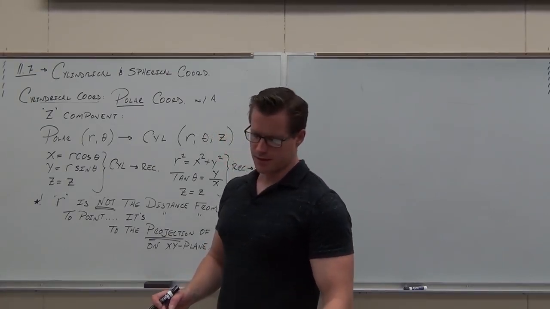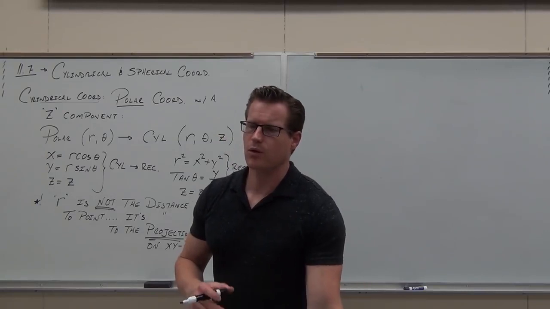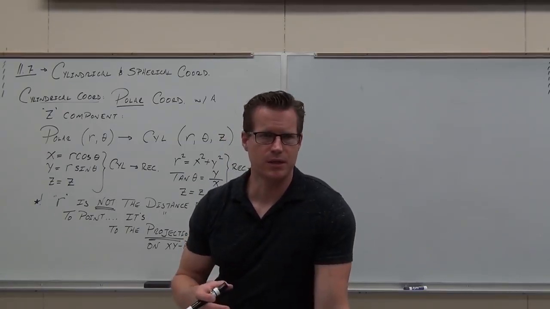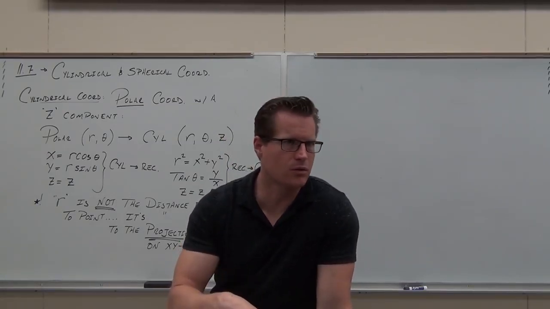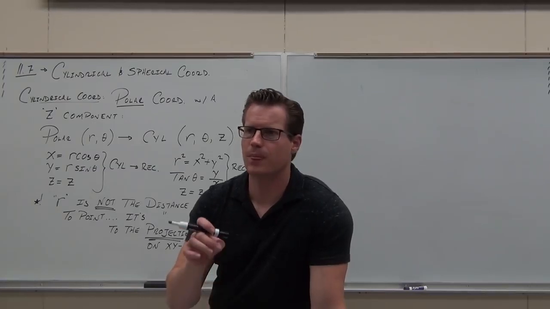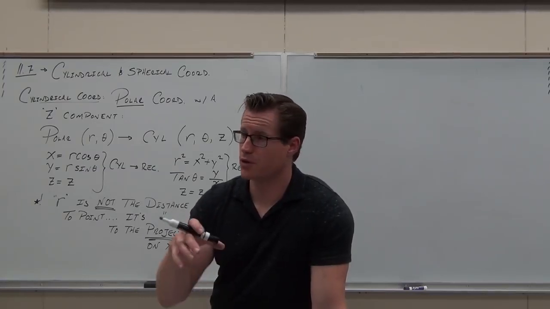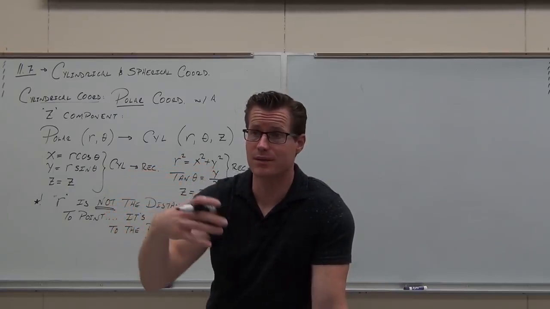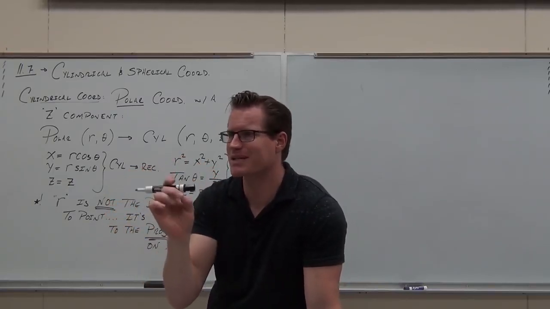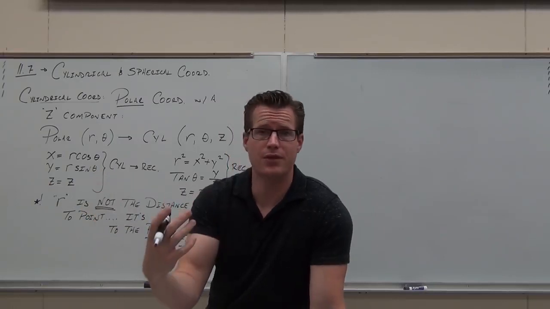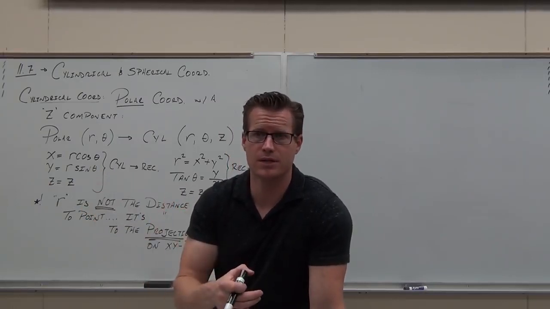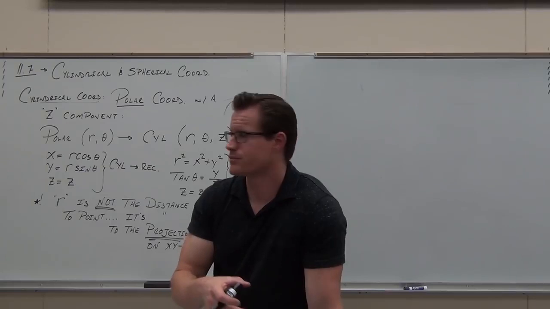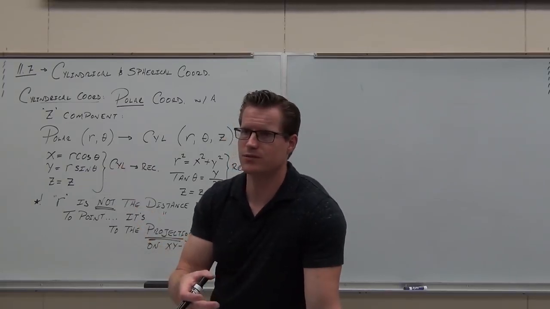One more thing. This is a big deal. We're about ready to translate between rectangular and cylindrical, and cylindrical and rectangular. You got to make sure that your quadrants and your octants match up. Because a lot of times, especially when we're going from rectangular to cylindrical, we can get two different thetas. We'll say, hey, you're rectangular, you get this tangent of 2 pi or tangent of 2 pi over 3.